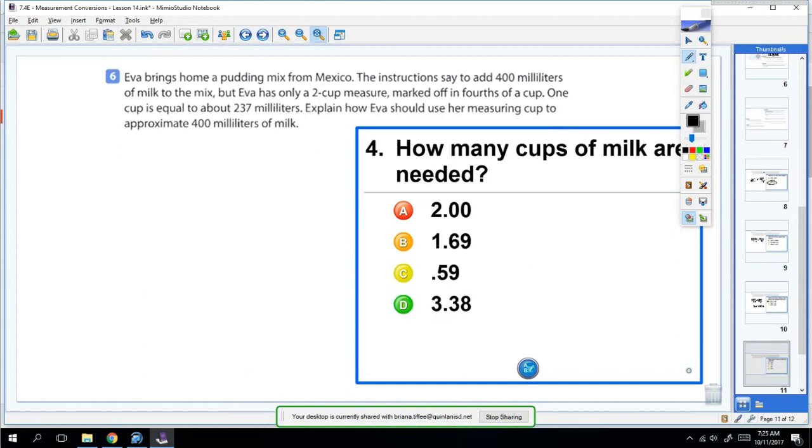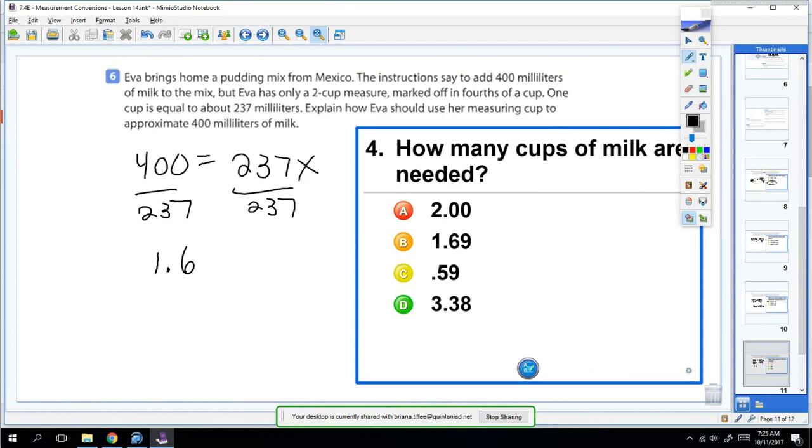So it says how many cups of milk are needed. So you have 400 is equal to 237 times X. So you're going to divide 237 into both sides. So you're going to divide 400 by 237, and you get about 1.68. Okay, equals X. So how many cups are needed?